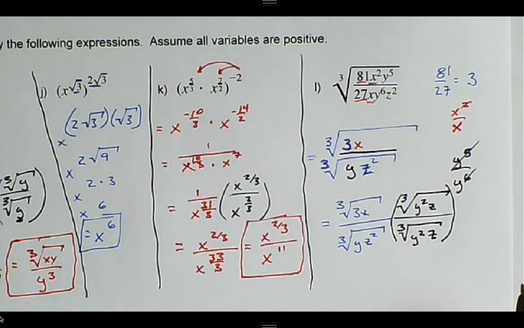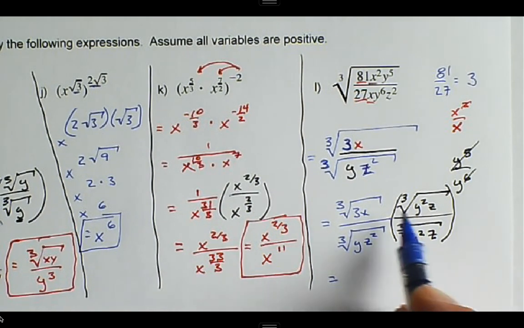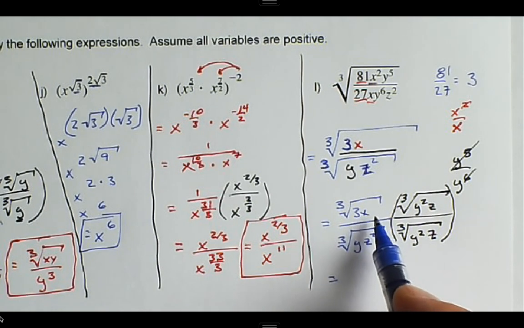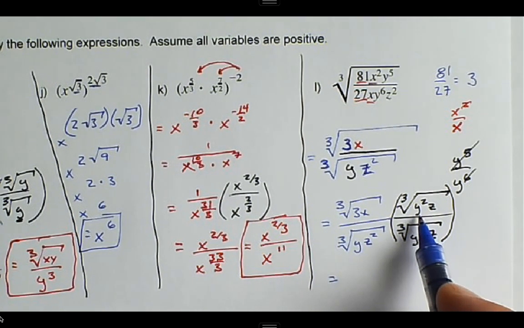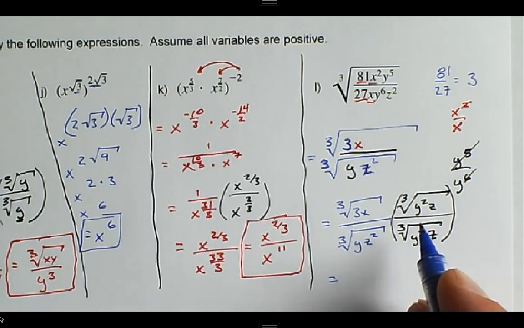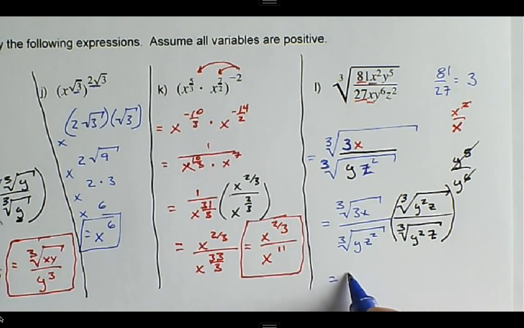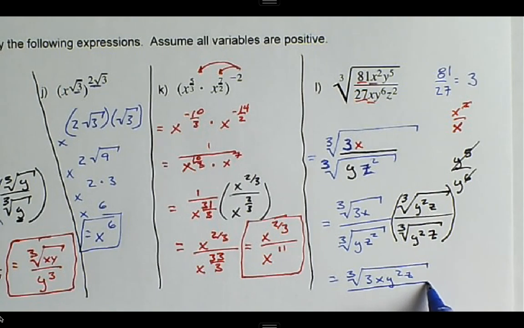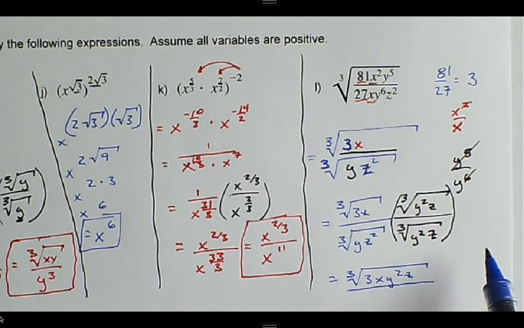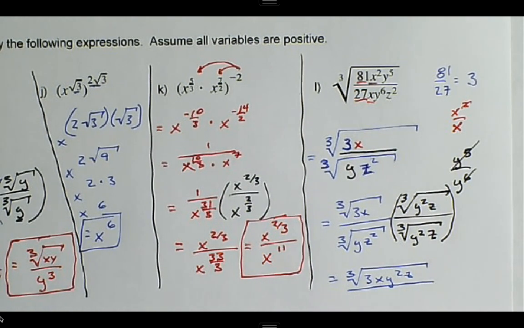And then we can go ahead and do the multiplication. So we get 3x times y squared z. That's just going to stay under the radical, cube root of 3x y squared z. And then in the denominator, the reason that we multiplied by all of this is because we're going to simplify that radical.